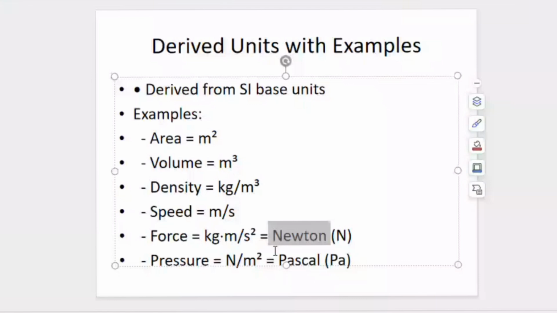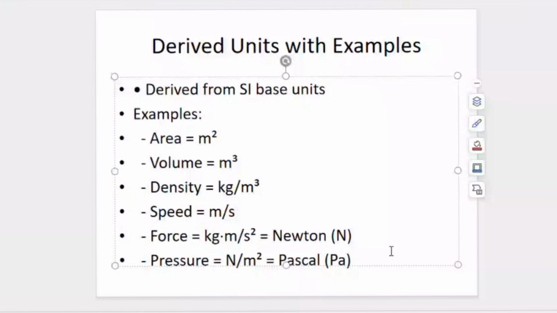The unit for energy is kilogram meter squared over second squared, and the short name is joules, in brackets J.